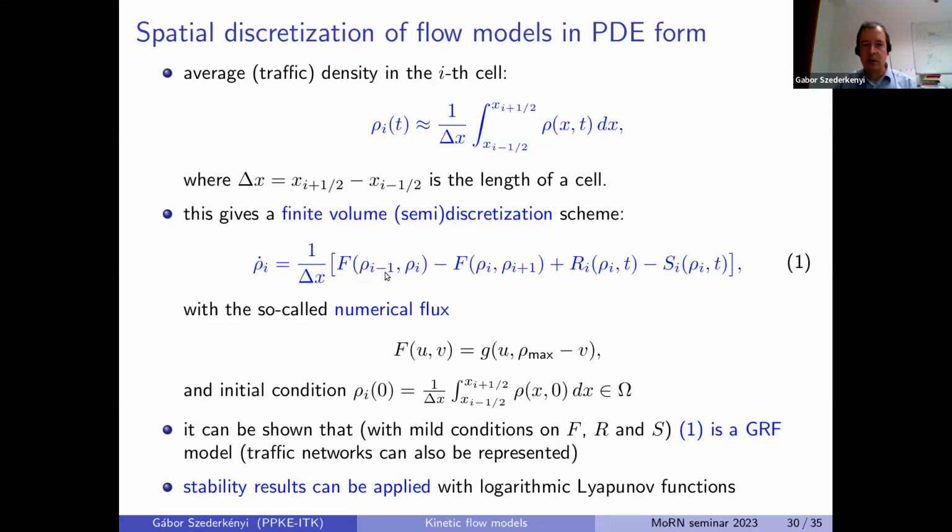And it is easy to see that this is a generalized ribosome flow model. And also we can take the inflow and outflow as time varying rates. So all of this can be written as a ribosome flow model. So the stability results with the logarithmic Lyapunov functions can be applied to such models. It's interesting that this discretization is almost never used by traffic engineers.